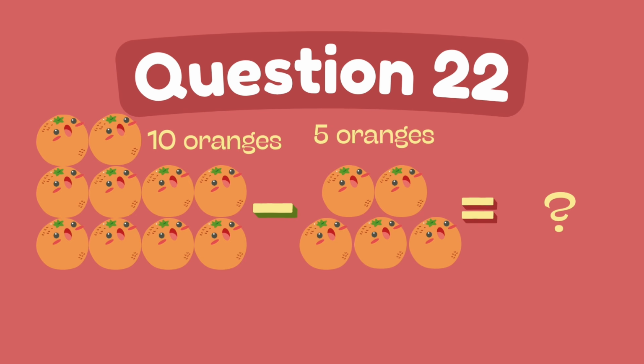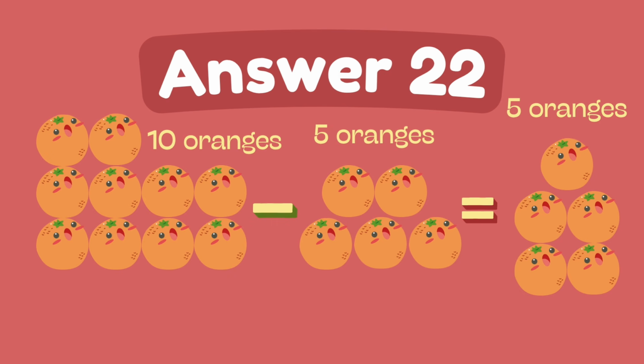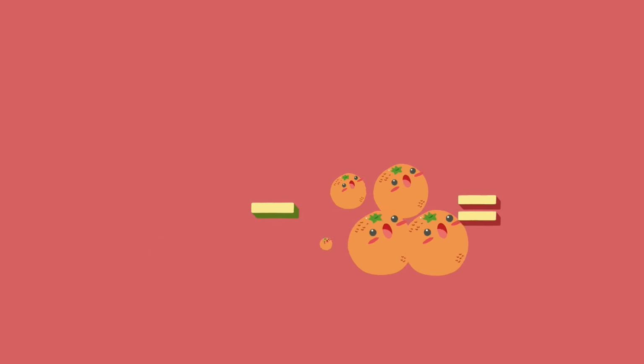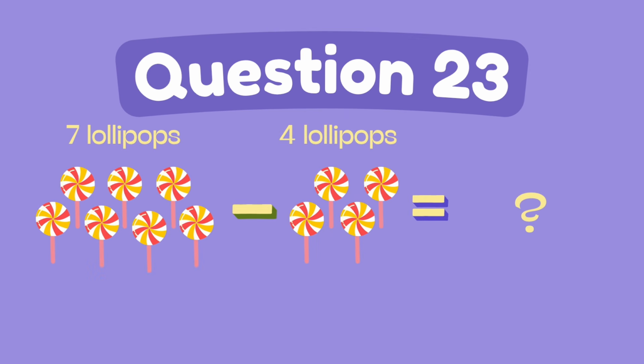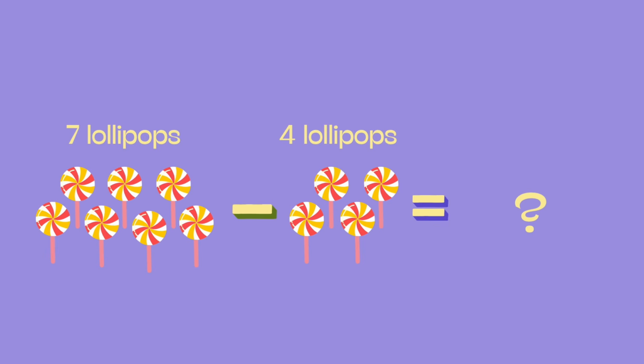What is 10 minus 5? The answer is 5. What is 7 minus 4?